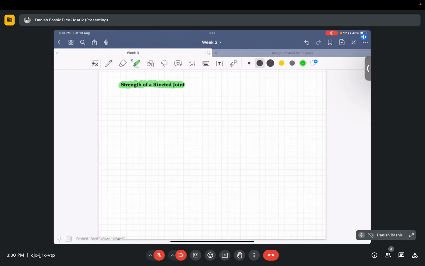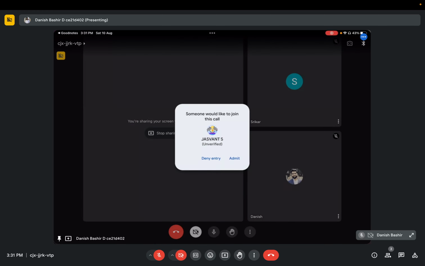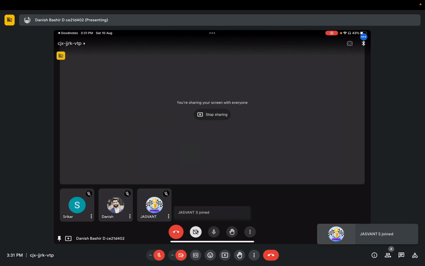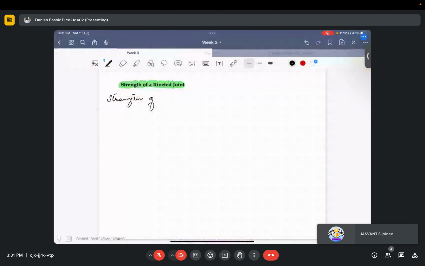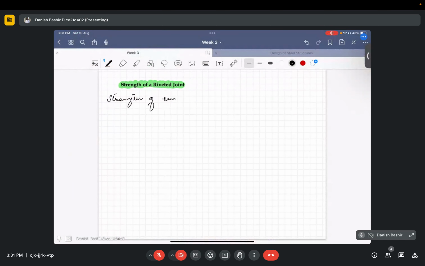First is the strength of rivet in shear. So how do we determine it?